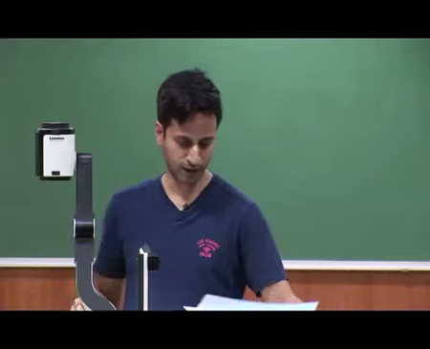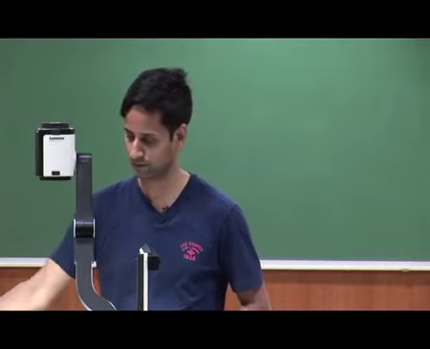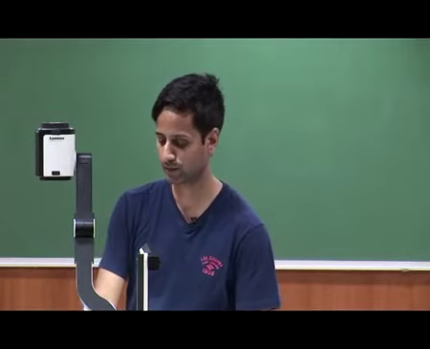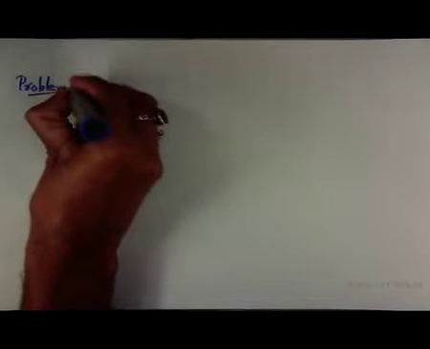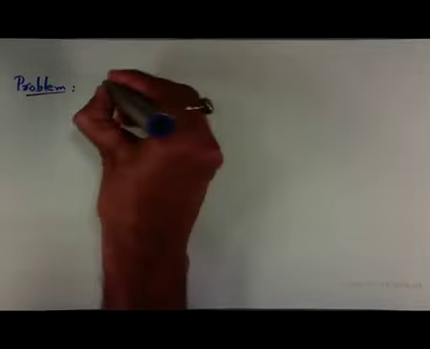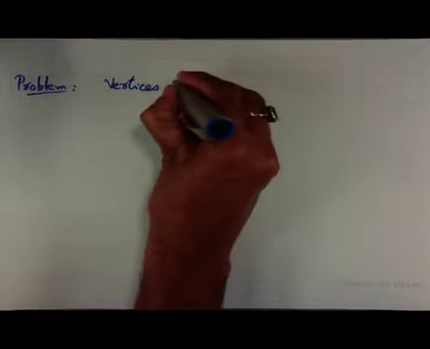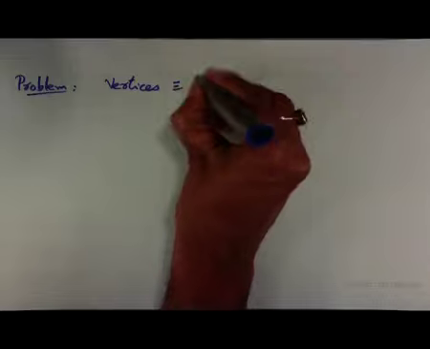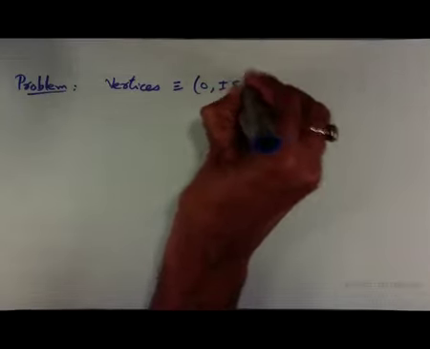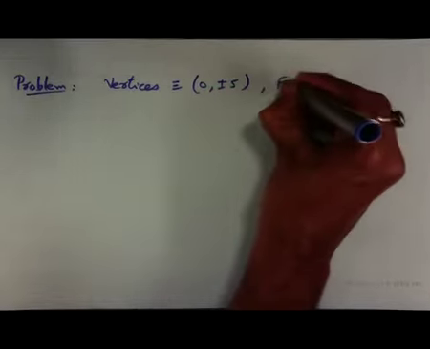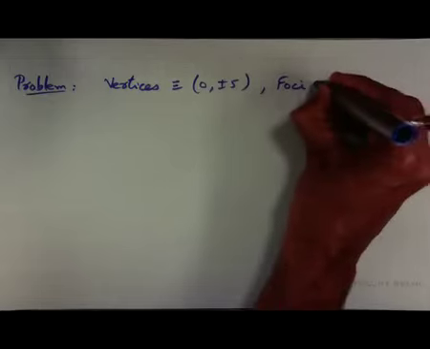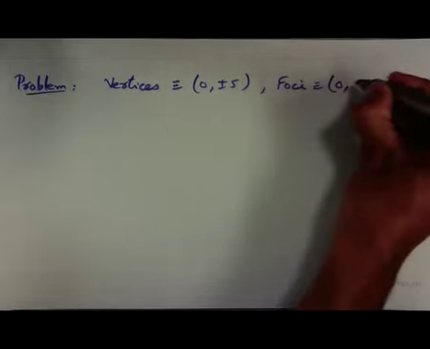Now, let us look at the second problem. Here you are given that the vertices are at 0, plus minus 5 and the foci at 0, plus minus 8.